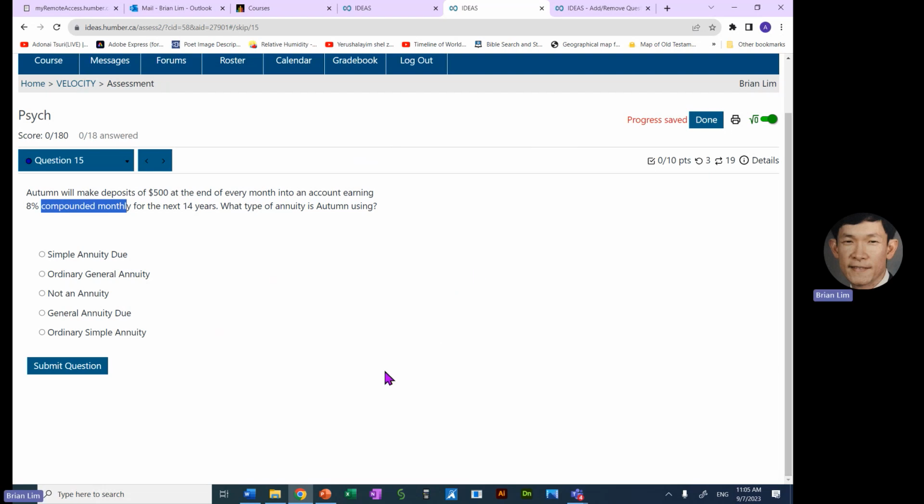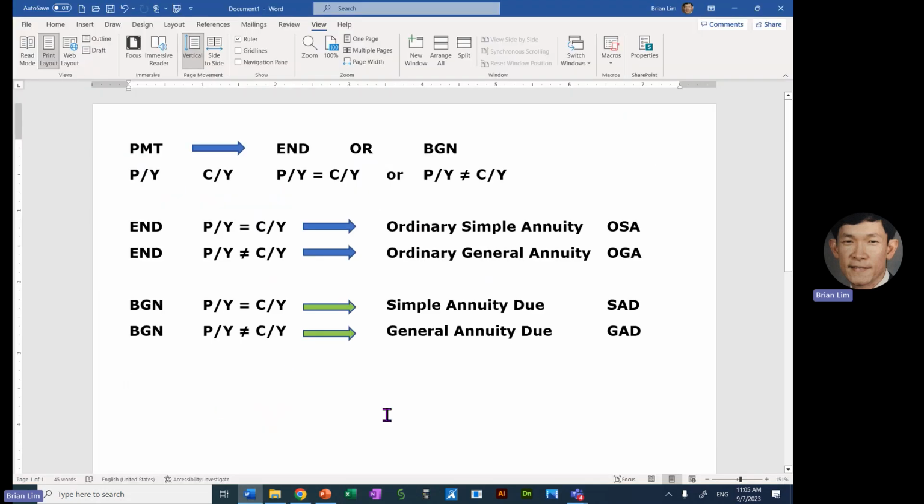So we have a case where payment is at the end. Let's look at that. So payment, PMT, is made at the end of the month.